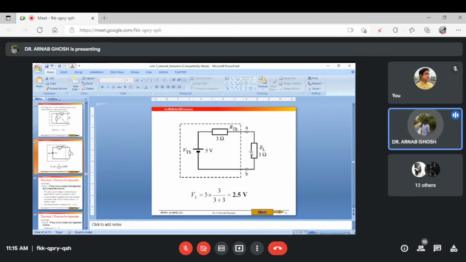You can calculate the current and then multiply it with 3 as well, or we have just applied the voltage divider rule here. See, 3 ohm and 3 ohm, so there will be a voltage drop here. How do you calculate it by the voltage divider rule? That particular resistance across which you are calculating the voltage divided by the total resistance. So 3 divided by 3 plus 3, 6, and this is the Thevenin's voltage 5.